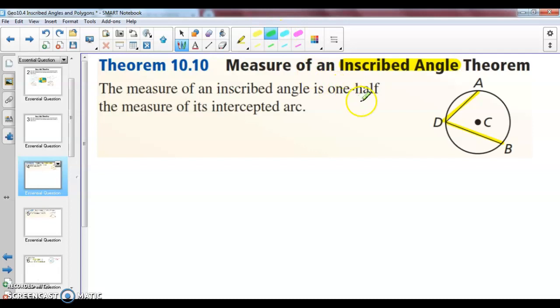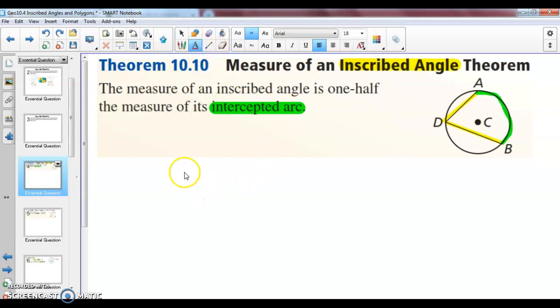Now, an inscribed angle has a corresponding intercepted arc. And in this figure, the intercepted arc is the arc that is formed by A and B. Now, this theorem states that this yellow inscribed angle and the green intercepted arc are related to each other.